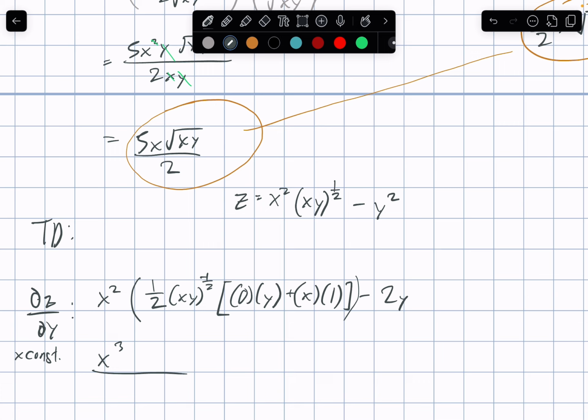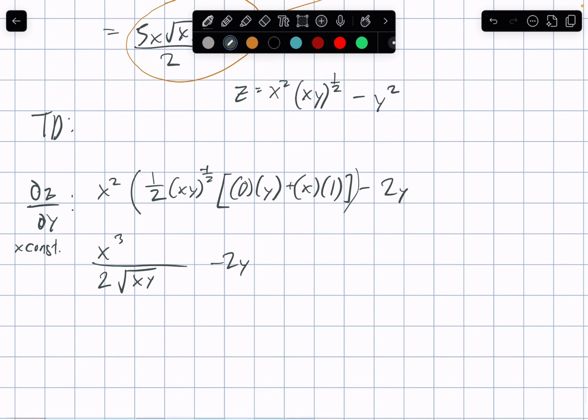x cubed over 2 square root of xy minus 2y. LCD.